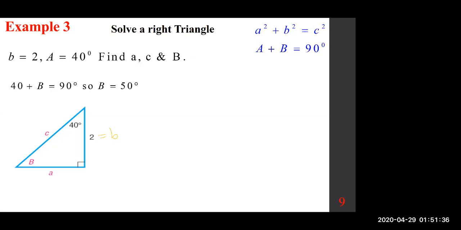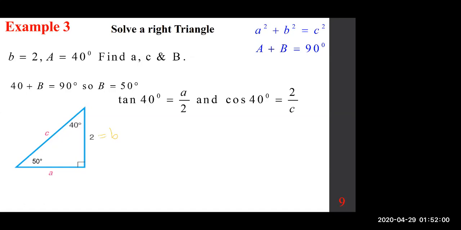Cosine 40 is the adjacent over hypotenuse, which is 2 over hypotenuse, which is missing. So I hope you see what we are trying to do. We are hoping we can use the given information. Now it's very simple. You do the cross product in each case, and you come up with A and C.